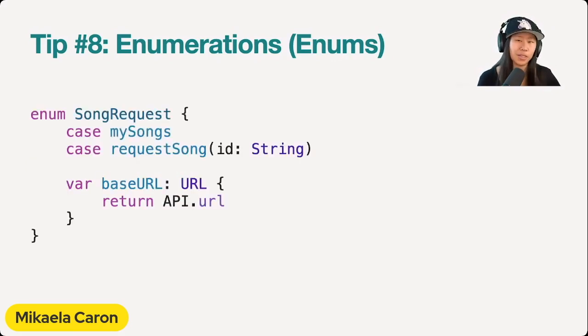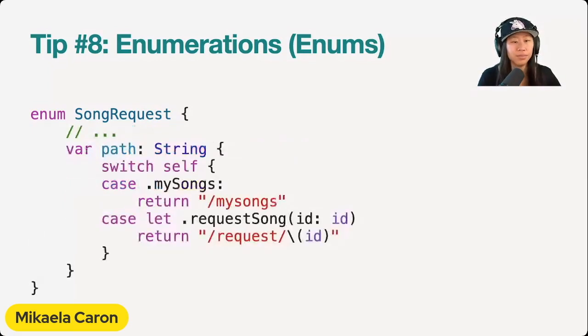Here's a more concrete example. We're creating an enum called SongRequest, and this is like a network request. We have two different cases, mySongs and requestSong, and requestSong has an associated value of an ID that's a string. The first thing we have is baseURL, which is a computed property, and it returns api.url, which could be another enum.